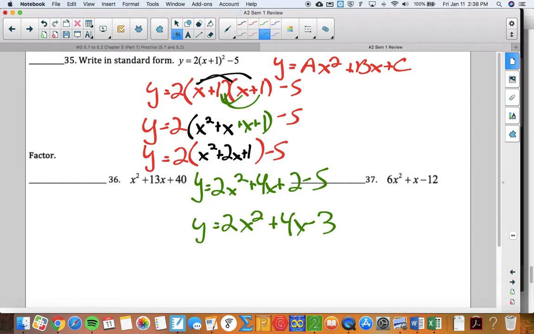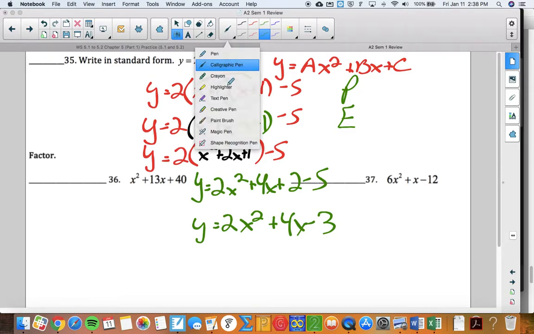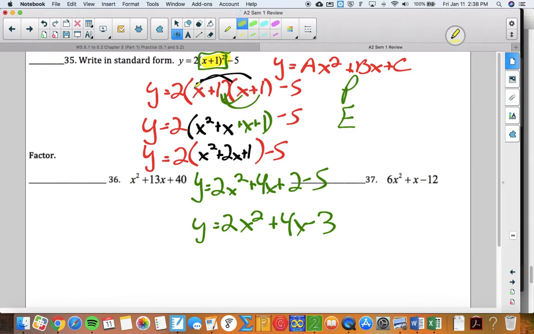So to talk through that process, to break it down, what you can't do, folks, is distribute this 2 into the parentheses. When we're simplifying things, we have to do what's in the parentheses first, which you can't take x plus 1. But then you have to do the exponent. And x plus 1 quantity squared means x plus 1 times x plus 1.